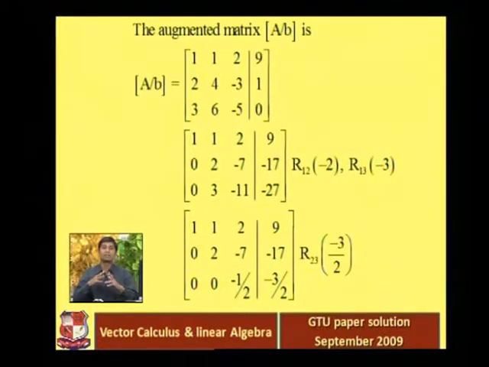So these two conditions are added to the previous three conditions, making 5 conditions in total. If these 5 conditions are satisfied, then the given matrix is in reduced row echelon form.